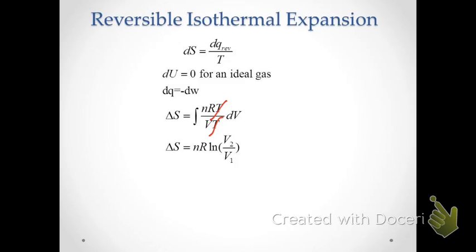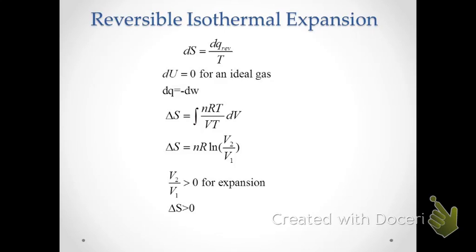The equation for work in this particular case was very simply W is equal to negative nRT times the natural log of V2 over V1. So there's a slight difference here because the temperature cancels out, and also we have a difference in sign.